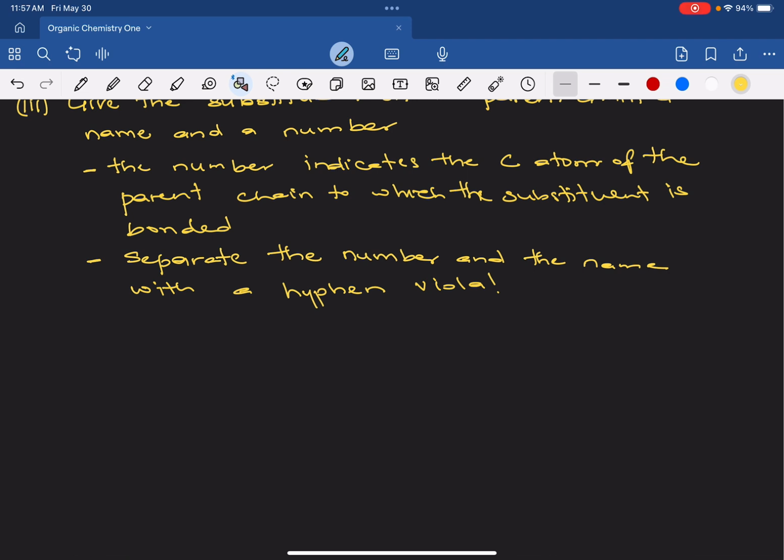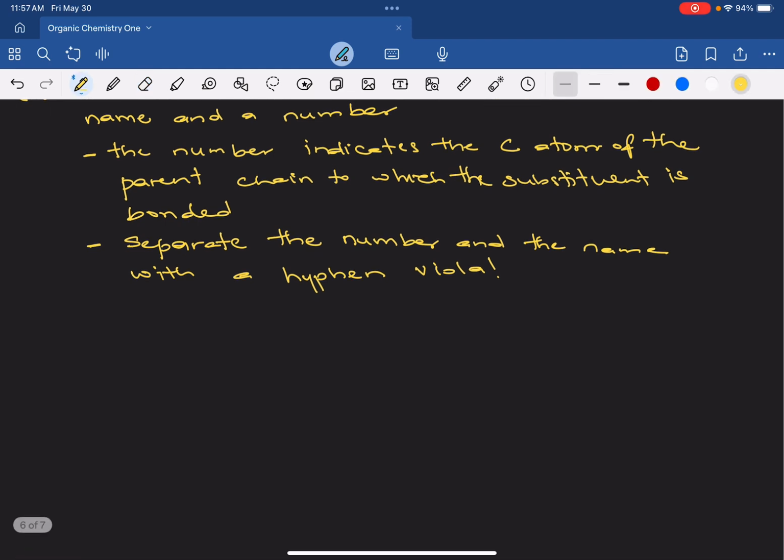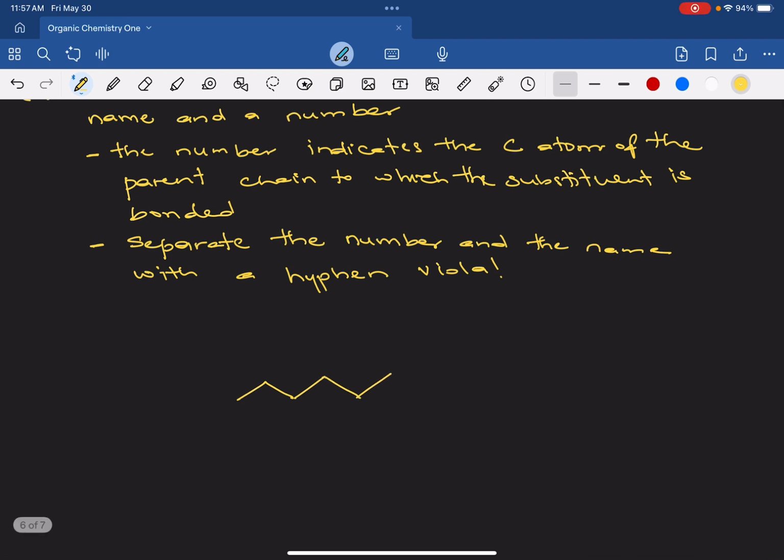If you don't remember how to identify your branch chain alkane, the lesson before this taught you how to do that. Let's see, 1, 2, 3, 4, 5, 6 carbons. All right, so this is our branch chain alkane.